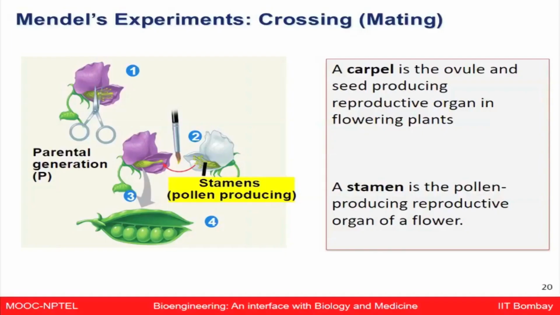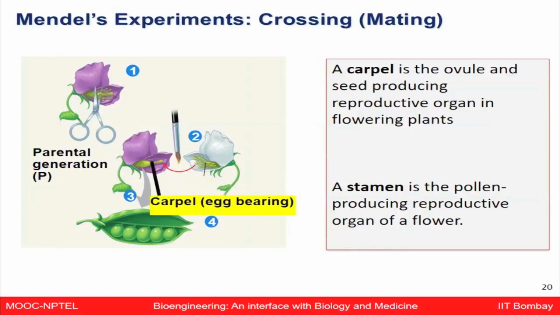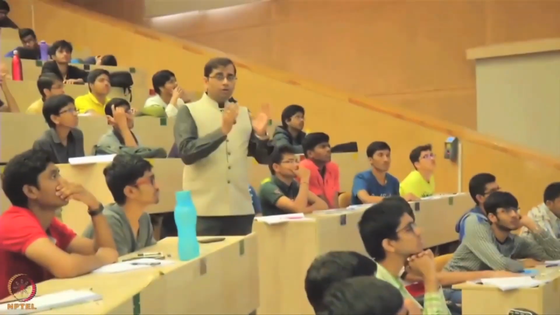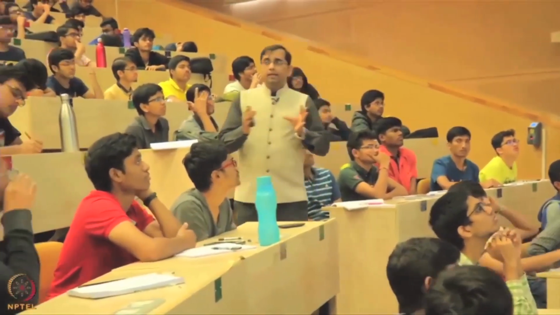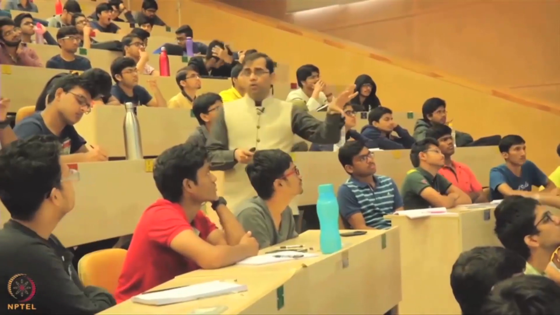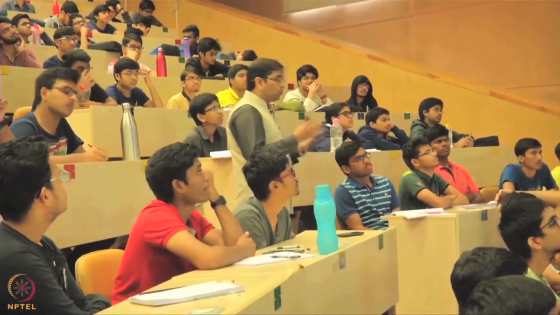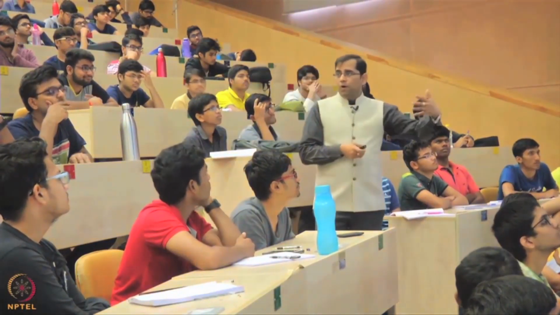Just to brief you, this is the stamen, or the male part of the flower, the pollen-producing organ. This is the carpel, or the female part, which is the egg-bearing part of the flower. For doing this experiment, he ensured that the crosses were under very well controlled conditions, so that there was no cross-pollination from other flowers with different characteristics.